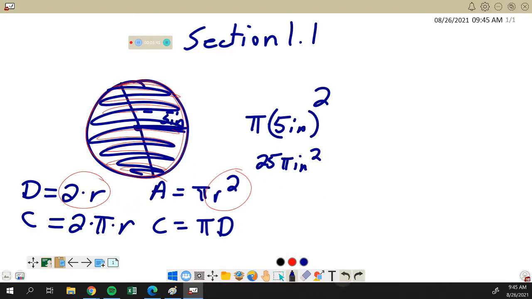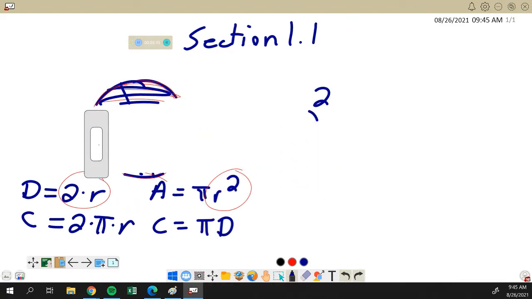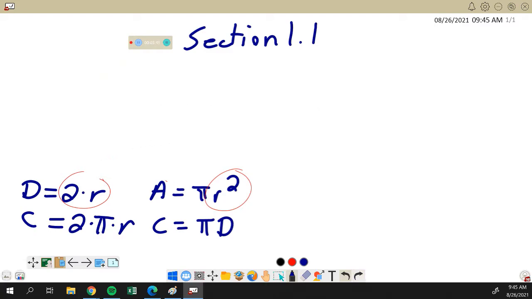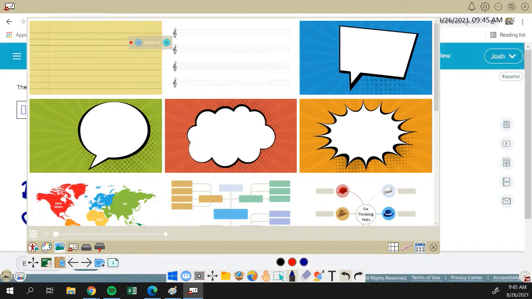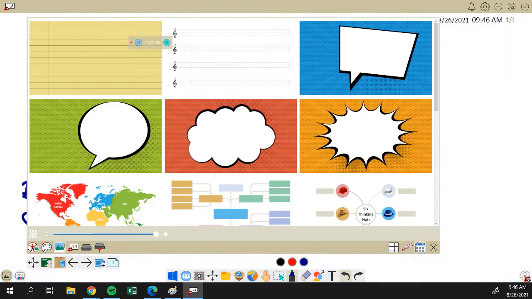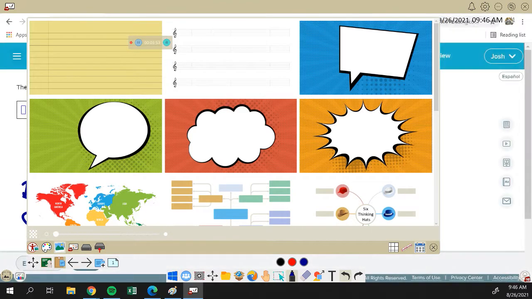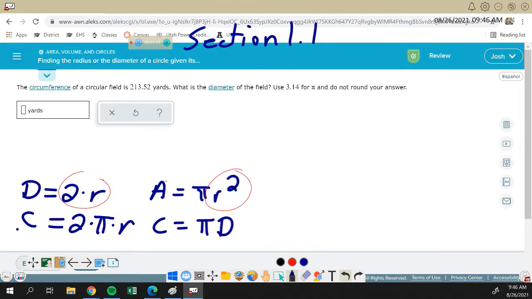Oh, wait. I'm going to keep those formulas up there. Okay, it's been a while. Got to remember how to do this. Okay, there we go.